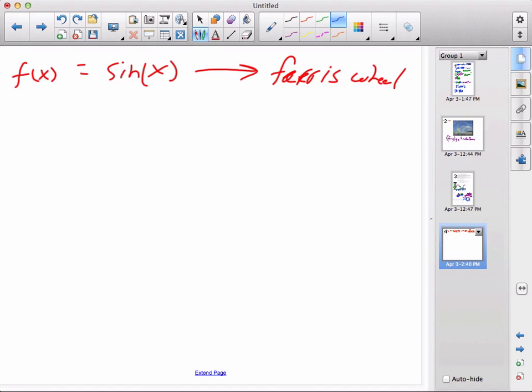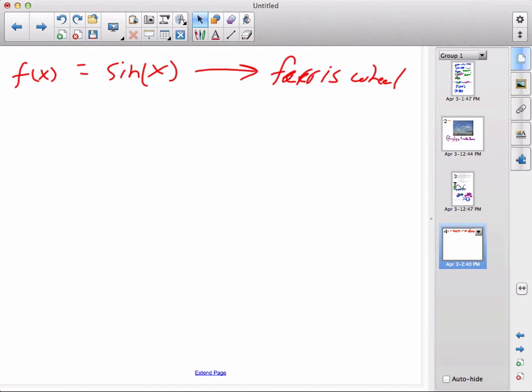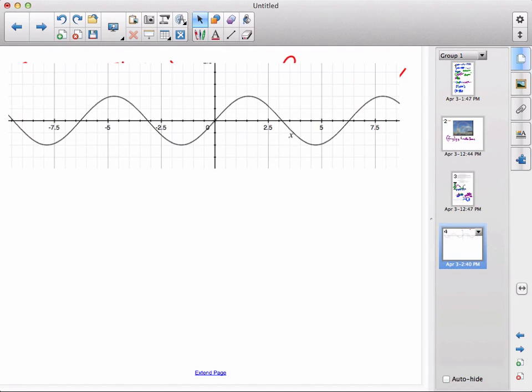So I'm curious, there are a number of transformations, right? A lot of different things are happening. I'm wondering, where did somebody start? What's the first transformation they performed to f of x to get us going from our basic y equals sine x toward the Ferris wheel function? Yeah, Alex.